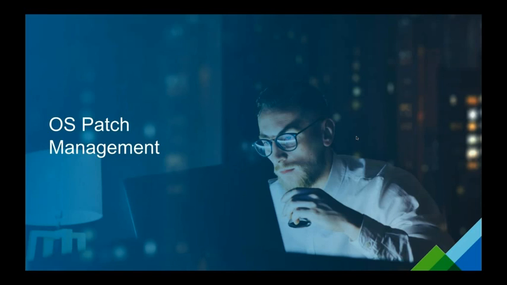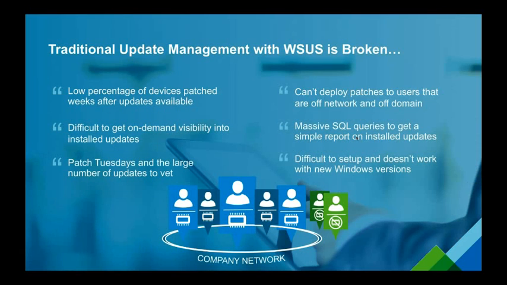And what we're seeing is traditional update management with WSUS is often broken. We often see a low percentage of devices being patched days, sometimes weeks after a patch has been pushed out. We had many approaches to patch management, but we used to have the Patch Tuesday approach, and there's a whole heap of patches to vet, and you can't deploy patches to users necessarily if they're on or off the network.